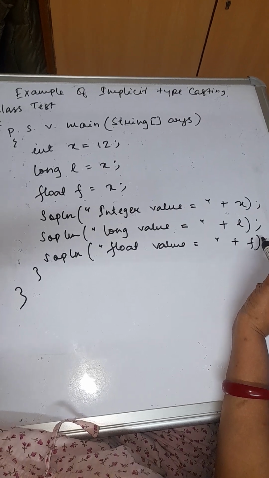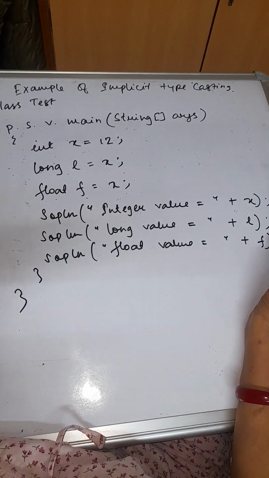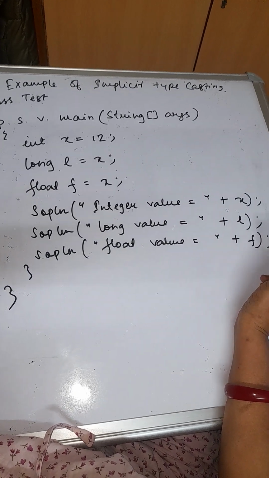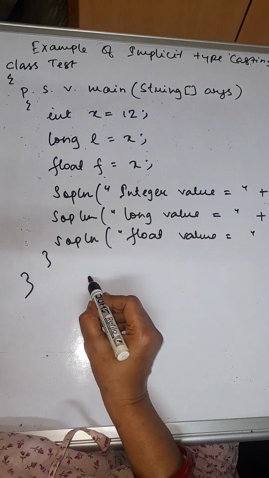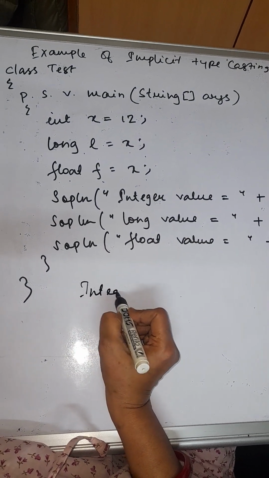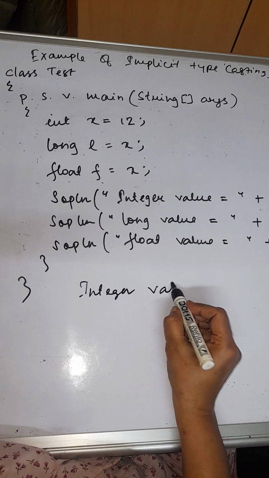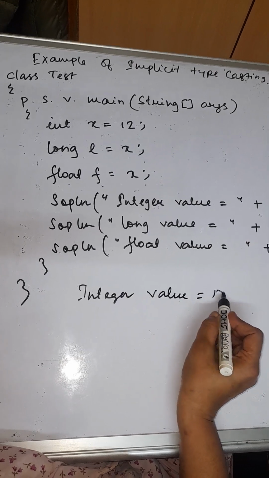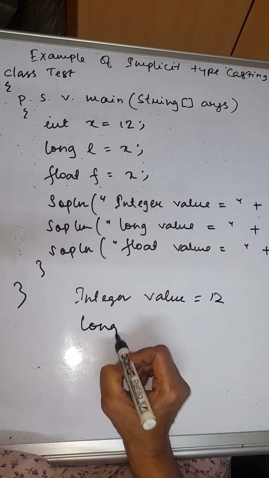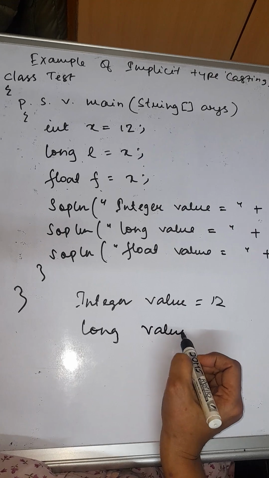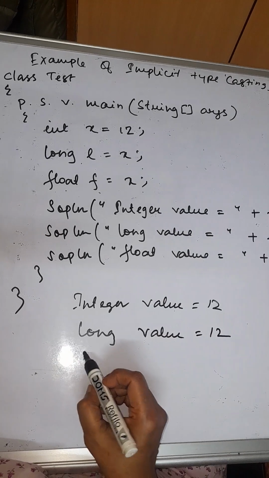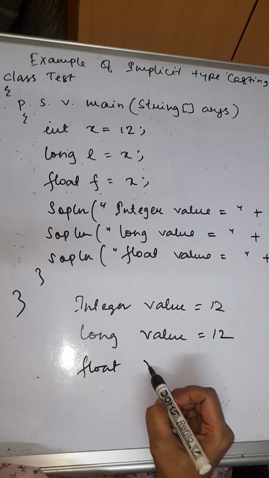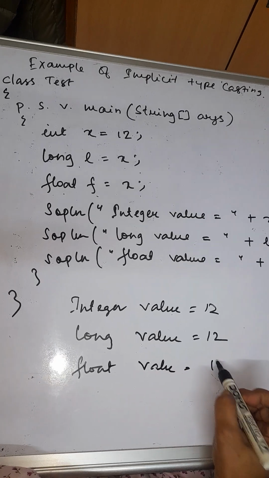So what will be the output? My integer value was 12, so it will print integer value equal to 12. The long value will also print 12, and the float value will print 12.0.